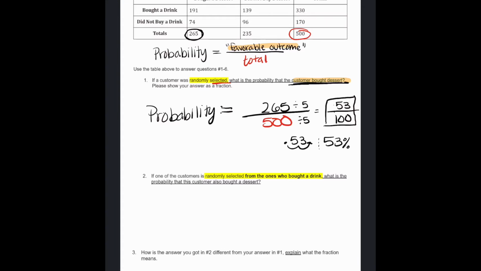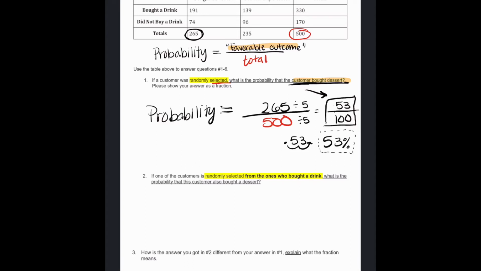The probability is 53%. There's a 53% chance that a randomly selected customer would buy a dessert. Or you can leave your answer in fraction form as well. And if you have your numerator over 100, you can just take the numerator and make that the percent.